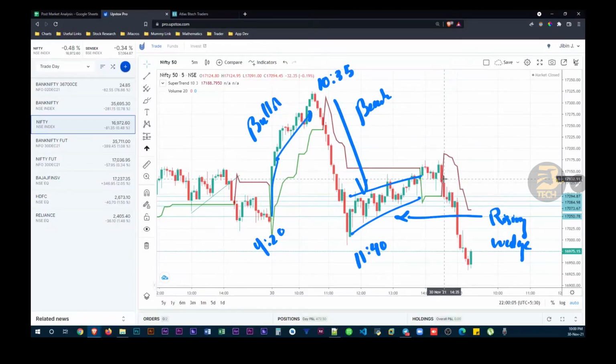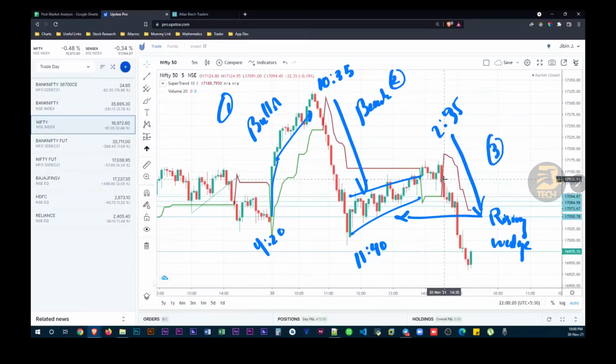After 2:35 the market again fell. So there were three good movements: a bullish movement in the morning session, later on it turned into a bearish movement, and after 2:35 again a bearish movement.